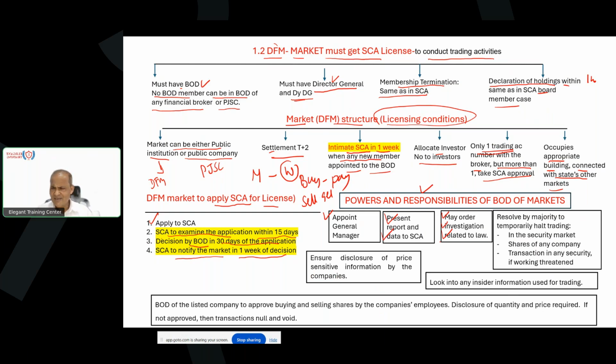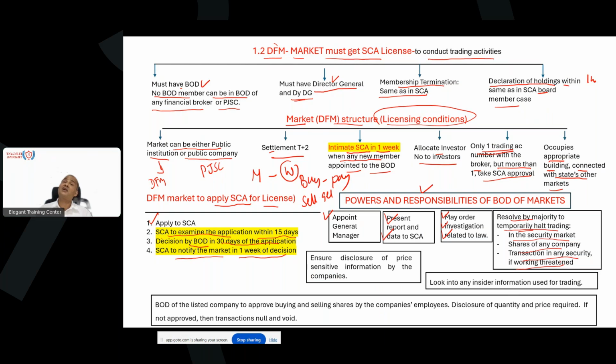Yes. Then coming, resolve by majority temporary halt to trading. Means if the market has to halt the trading temporarily, there has to be a majority vote by the board of directors. Clear? So resolve by majority to temporarily halt trading in the securities market, shares of a company, or transactions in any security if working is threatened.